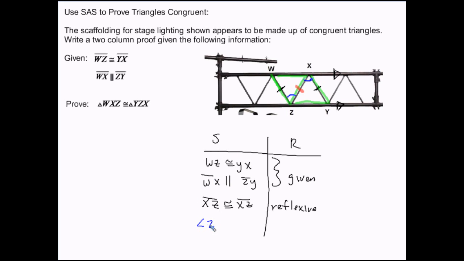So angle Z is congruent to angle X because of alternate interior angles. And then the triangles are congruent from side angle side. So we had the outside lines, we had to get the inside line and the angles. The inside line was easy because it's just itself. So you just had to remember that these were alternate interior angles of that parallel line.